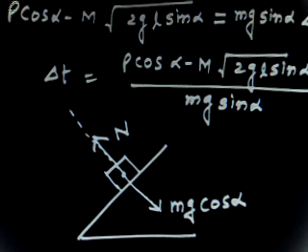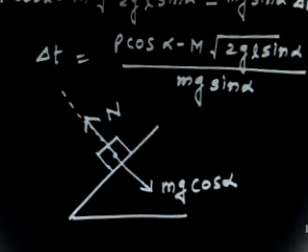So to find the normal reaction, there is another unknown. If I apply the same equation in the perpendicular direction, I will not get the time duration, because the normal reaction is another unknown. That's why initially I have not applied dp is equals to F external into dt in the direction perpendicular to the incline.